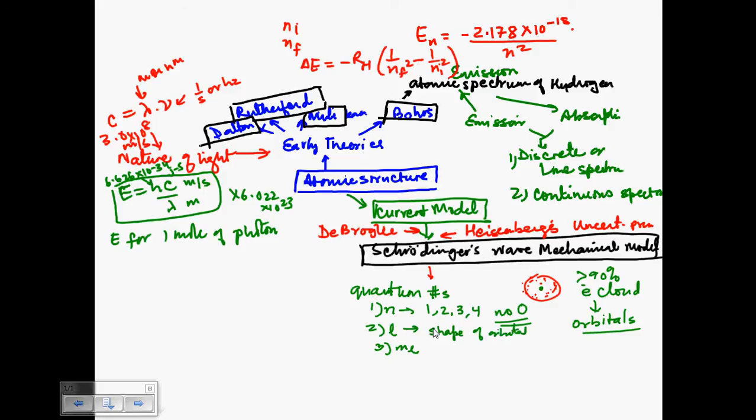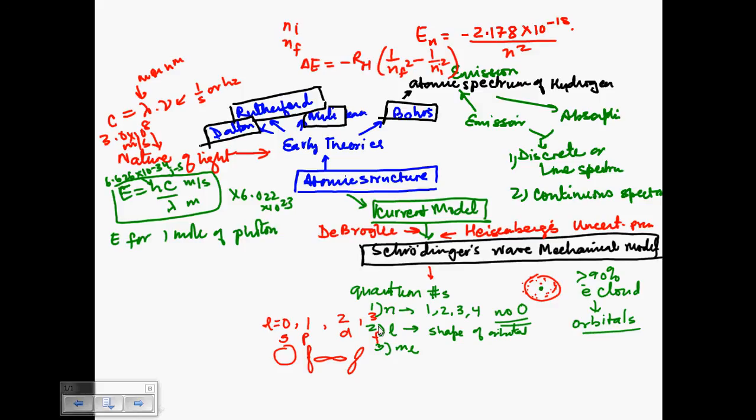So based on this, Schrodinger could say l's value is 0, meaning one value for s orbital, and he could say that s orbital is spherical. Then l's value of 1 means p orbital, and it is dumbbell shaped and can have x, y, or z orientation. 2 value of l means it's d, and 3 value of l means it's f.